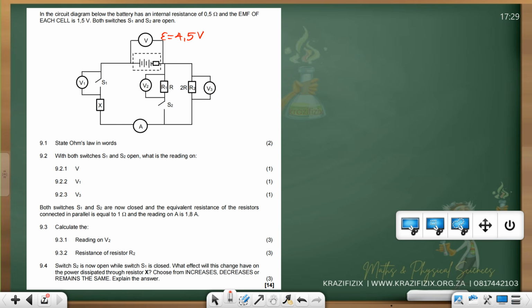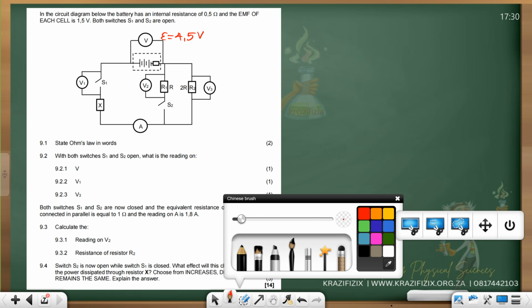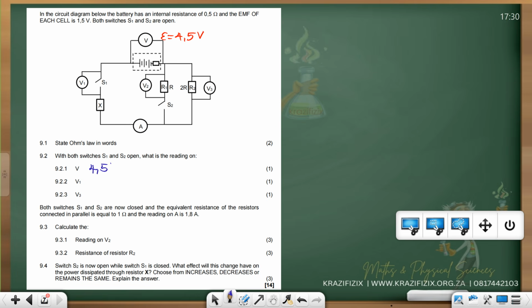Temperature. With both switches S1 and S2 open, what is the reading on V? It's the EMF, right? So what's our answer? 4.5 volts. What about V1? V1 is measuring what on the switch? Now it is open.